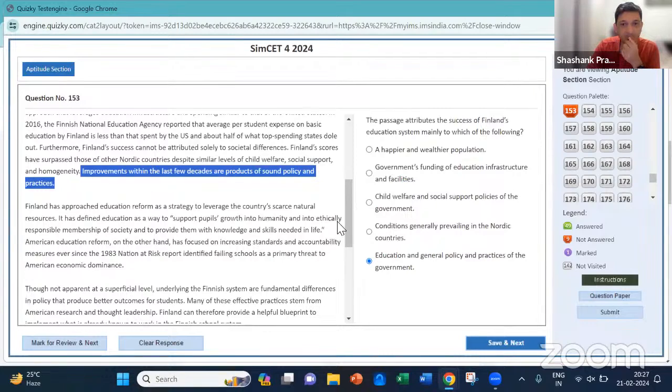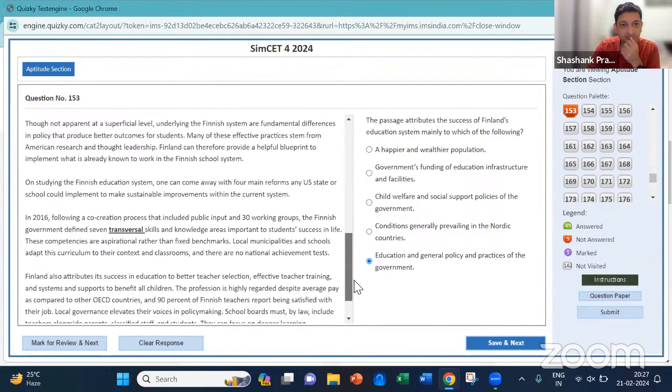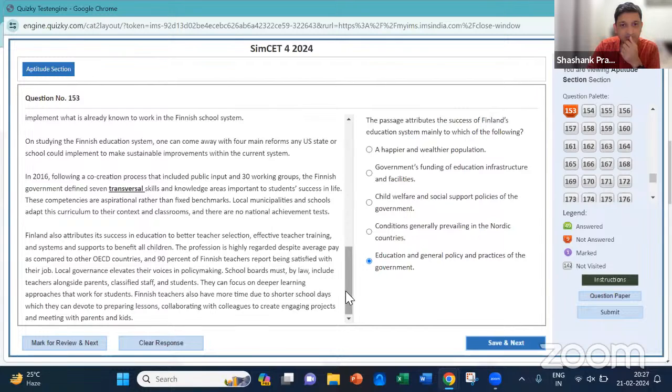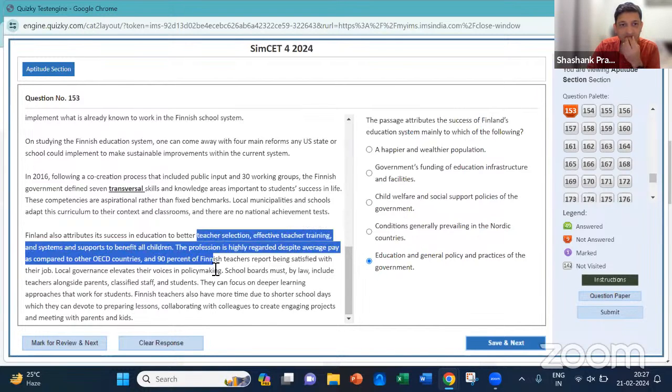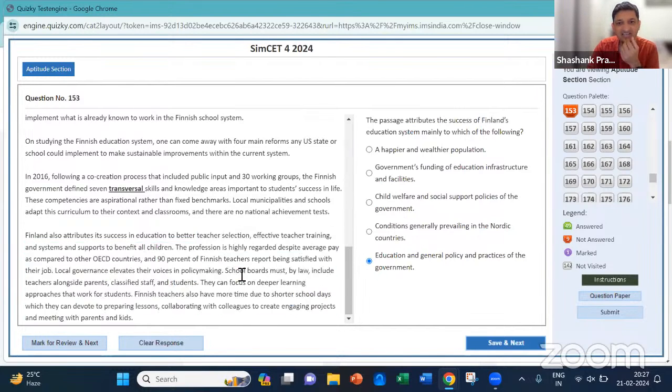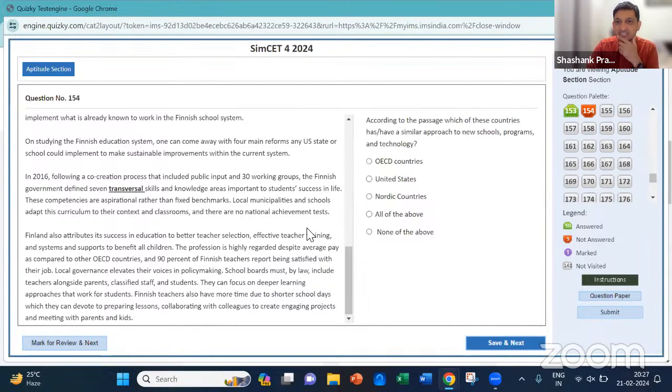Happier and wealthier population. Better teacher selection. Effective training and all those things. Okay, I will not go. I will not overthink this. Which of the following countries has a similar approach to schools, programs, and technology?